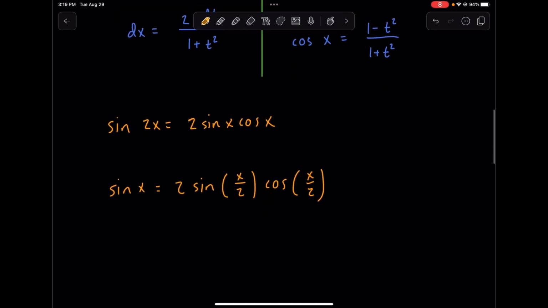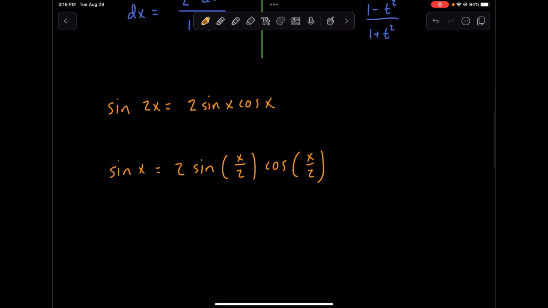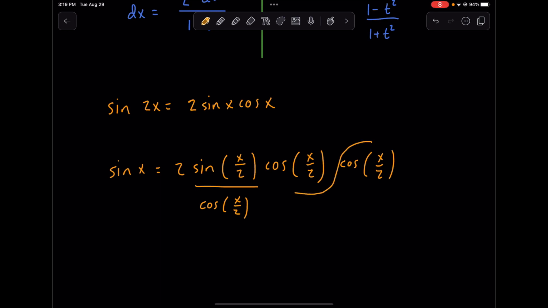Now, we're going to put this in terms of tangent. So in order to do that, we're going to divide this by cosine of x over 2, and we're going to multiply the numerator by cosine of x over 2. This is essentially the same as multiplying by 1, because it's cosine of x over 2 divided by cosine of x over 2. But it'll help us make our math a little bit easier.